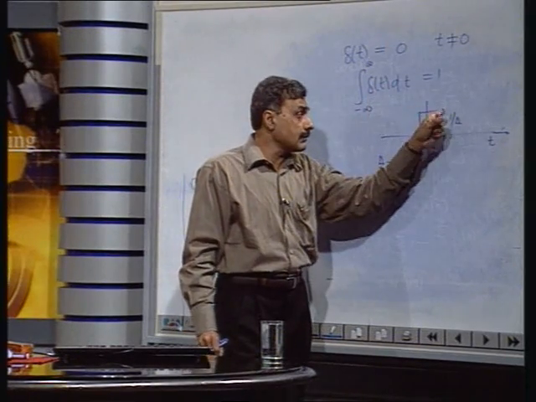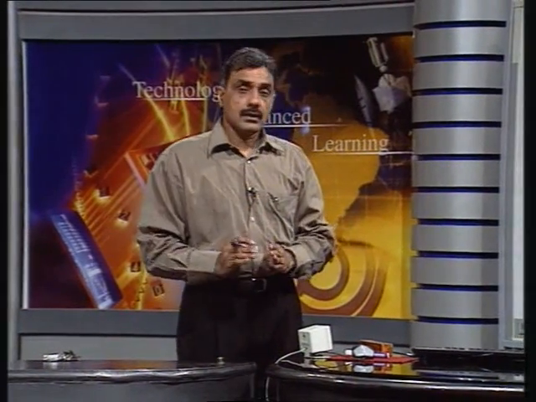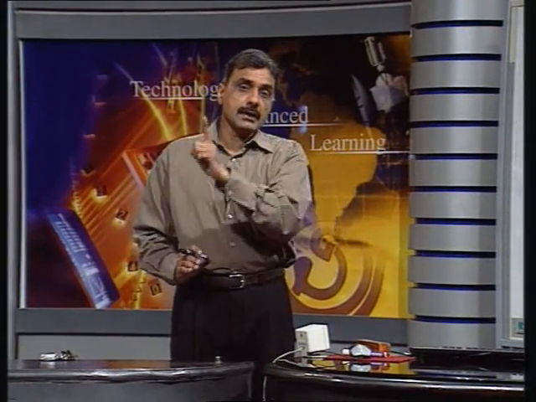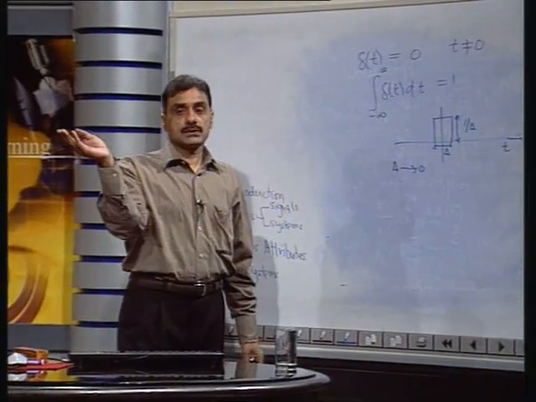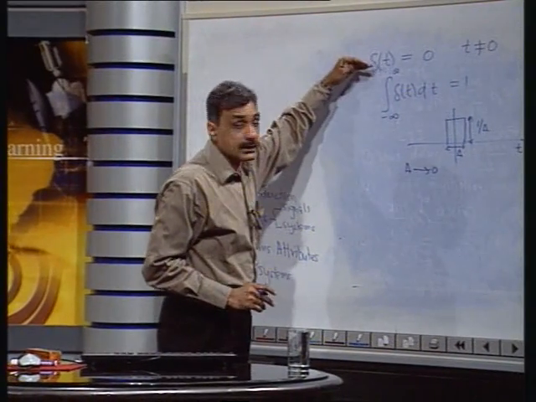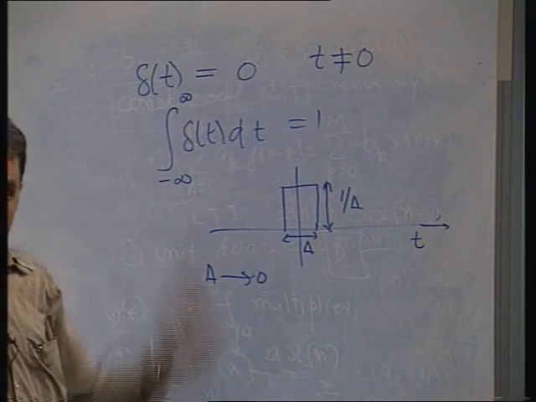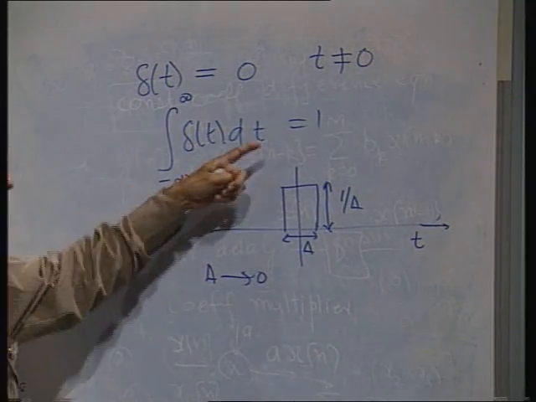But the area, 1 by delta into delta, will always remain 1. So the entire pulse is concentrated around 0 with area equal to 1, satisfied all the time. So there are numerous sequences which will behave as a delta function. This is one characterization, one definition of the delta function: delta t equal to 0 for t not equal to 0, and the area under it is 1.